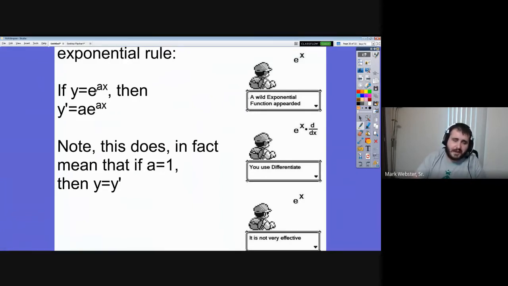So if we do e to the ax, all we do is bring that down, and then the derivative is just a times e to the ax. So this does mean, if a was 1, like if it was just y equals e to the x, then the derivative would just be e to the x. I've got this little snazzy cartoon here.